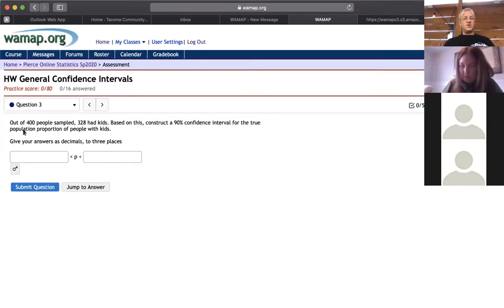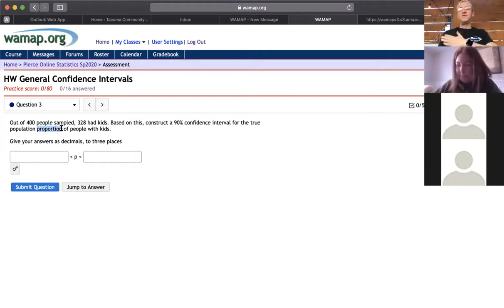And we see, oh, okay, this is a population proportion. And so because it's a proportion, we're going to use the Z for all our stuff. And of course, the proportions have their own formulas. We have our mean formulas, and then we have our proportion formulas.